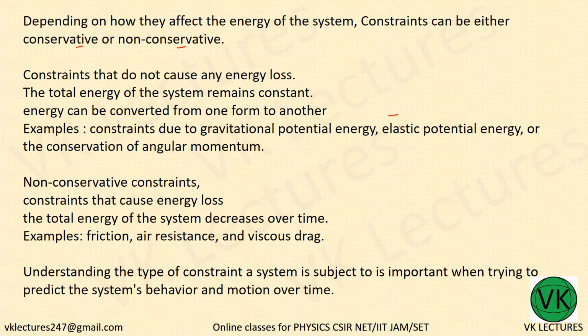Conservative constraints are the constraints that do not cause any energy loss, which means the total energy of the system remains constant, though the energy can be converted from one form to another. For example, kinetic energy can be converted to potential energy or sound energy. So it can change into different forms.